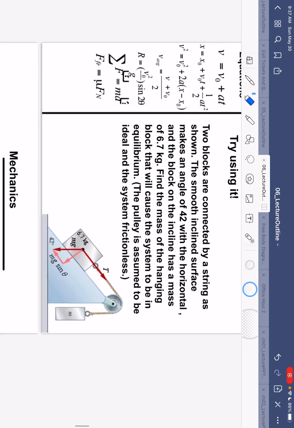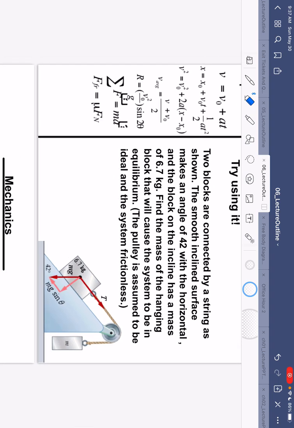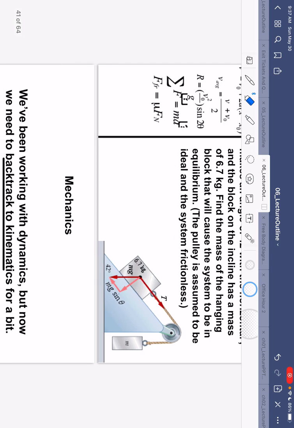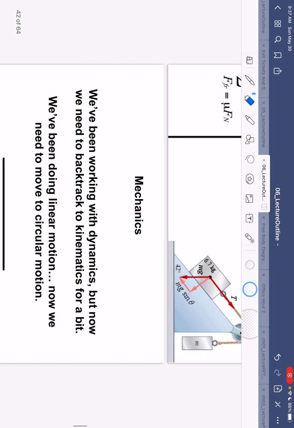What about when the two objects are connected, and one of them is resting on an inclined plane and the other one is connected through the pulley, and then we have the mass?